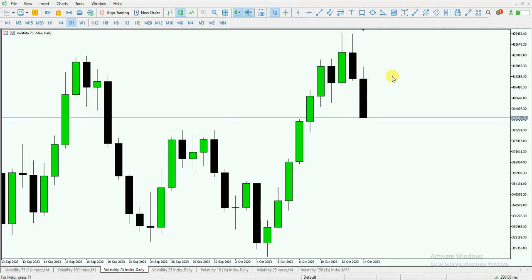A typical example is this group of three candles. We notice that the candle to the left has its high lower than the candle in the middle, and then the candle to the right also has its high lower than that of the candle in the middle.